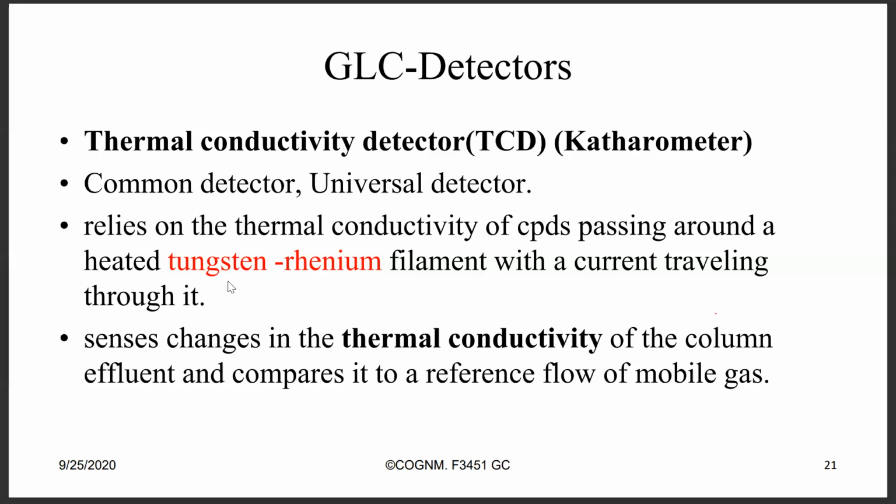So what does this mean? Basically, the detector in itself has a current passing through it every time, and it has a reference conductivity. Even as the mobile gas is passing through, our conductivity just remains the same. But immediately that the conductivity changes, I hope everyone is getting this.